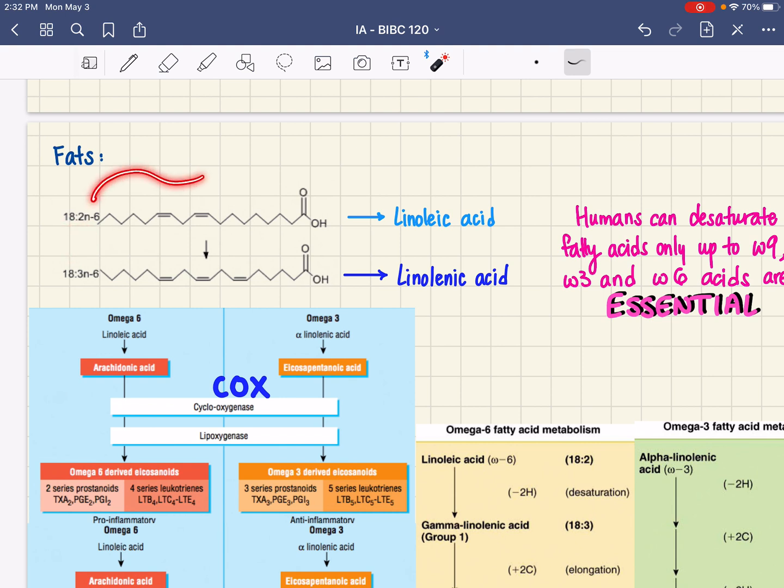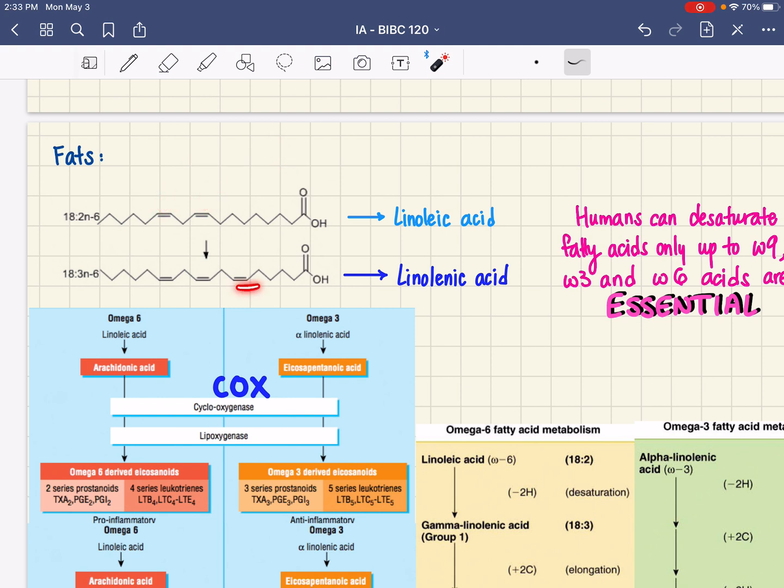We have a carbon chain, and these carbon chains can vary in length. If there are no double bonds whatsoever, so if this double bond wasn't here and this one wasn't here either, this would be a saturated fatty acid, so saturated. But because these double bonds are here, this fatty acid is an unsaturated fatty acid because it has 2 unsaturations.